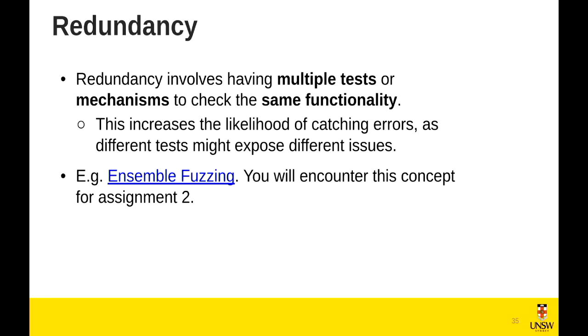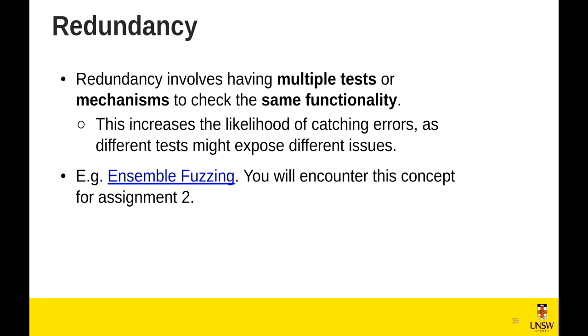And since it is not complete, why don't we just try to combine some complementary techniques and let them work together to test our system so that we could improve our coverage, so that we could increase our confidence that this software is free from bugs. So this is the key idea behind the redundancy principle.